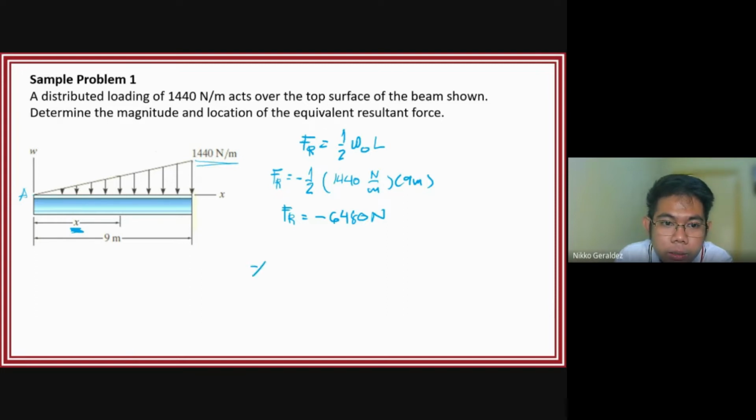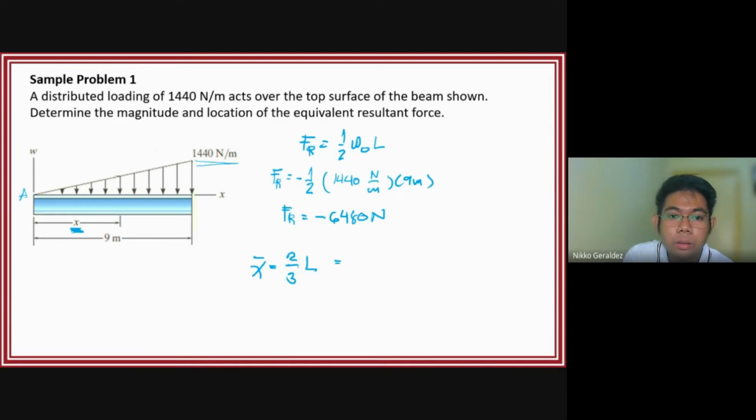What is the formula to get X? From the tip, it is equal to 2/3 of the length.